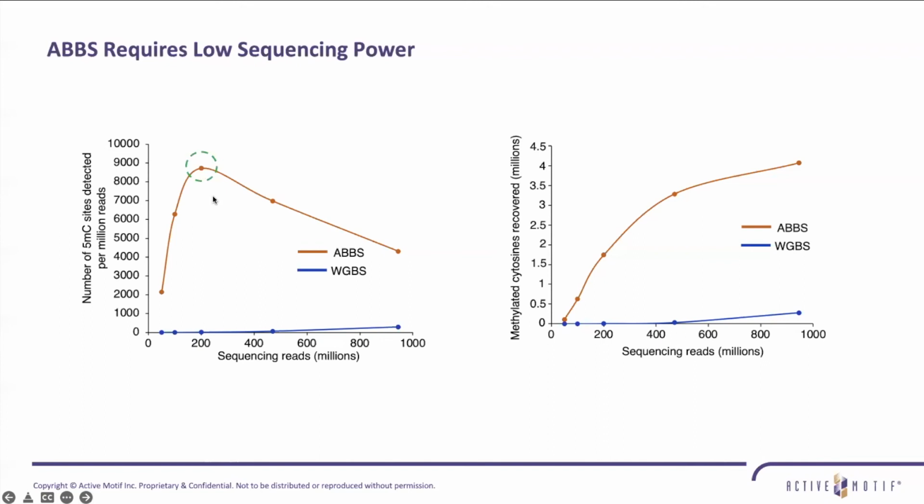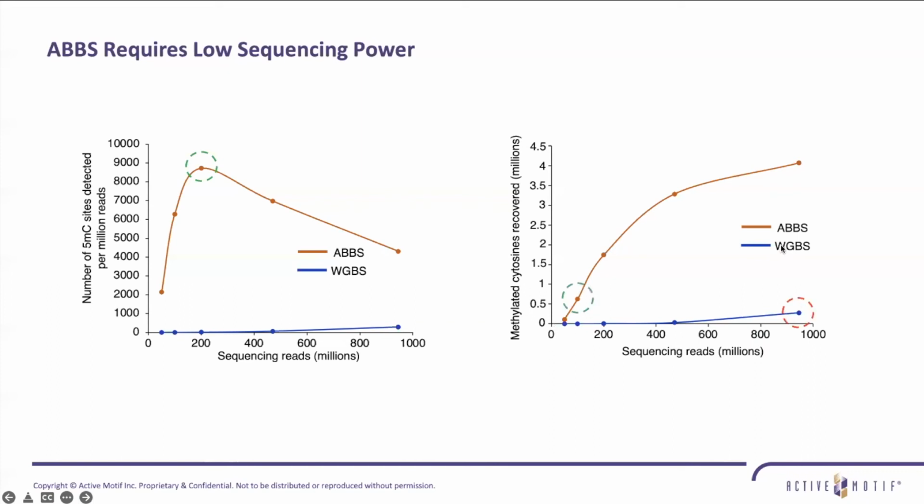So it's significantly cheaper, and on top of that, we capture much more DNA methylation in ABBS than whole genome bisulfite sequencing. On the right-hand side, it's an absolute level. So we're looking at methylated cytosines that are recovered, in millions, depending on sequencing depth. You can also see that we capture many more methylated sites with the ABBS sample than with the whole genome bisulfite sequencing sample.